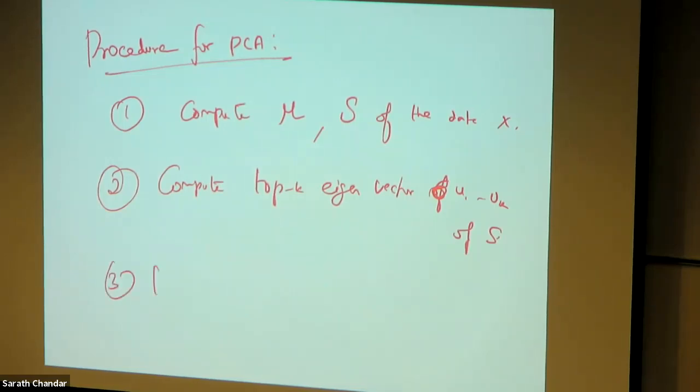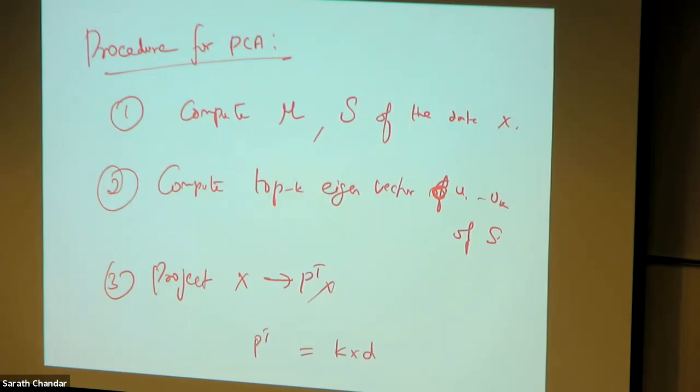Then you project X to P transpose X, where P transpose is a k cross d matrix whose rows are u1 to uk. You take the principal components, put them together, and that is your projection matrix. Is that clear? It is very simple to implement. You can implement it from scratch by yourself. If you're using something like NumPy, it is going to give you the principal components by just doing singular value decomposition.